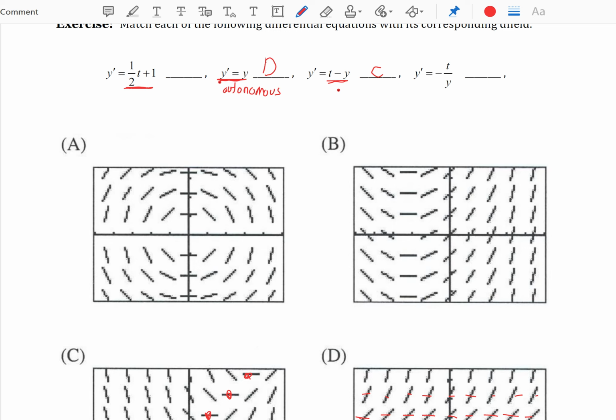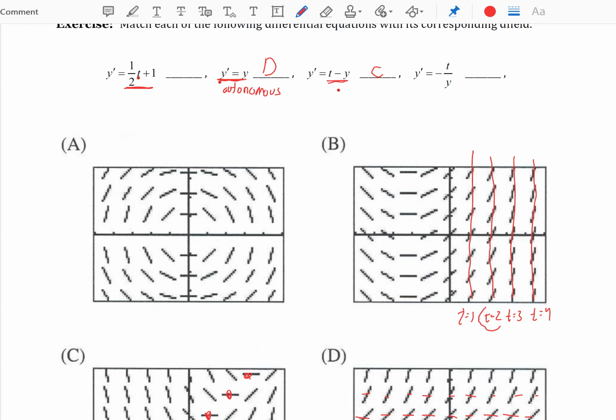But notice that because it does not depend on y, every point on your graph where t is the same, like maybe this vertical line, regardless of what y is, your slope only depends on t. And on these lines, t is always the same. This is the line t equals 1, the line t equals 2, the line t equals 3, t equals 4.